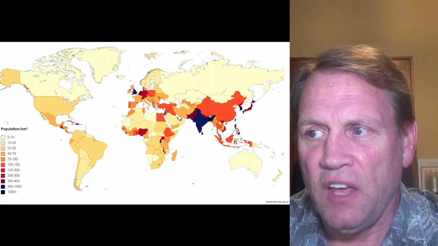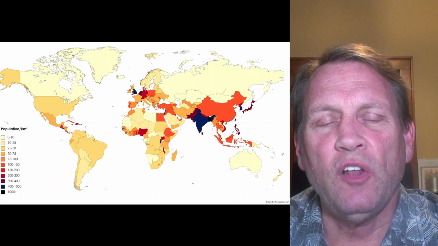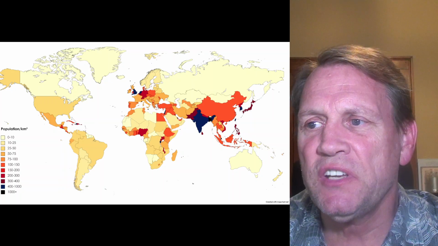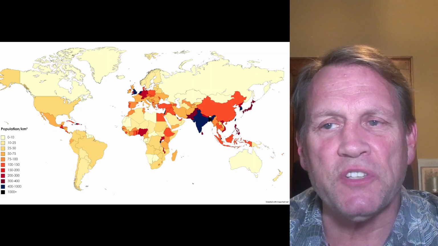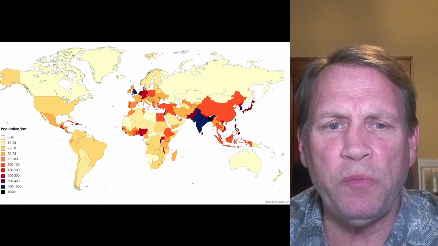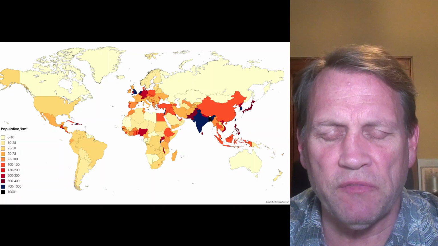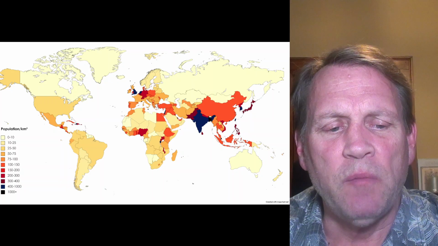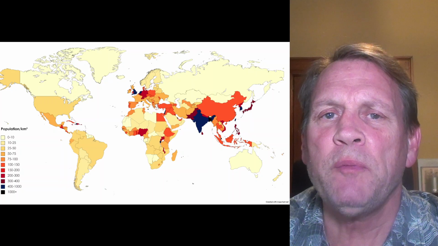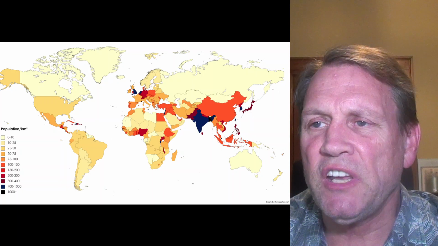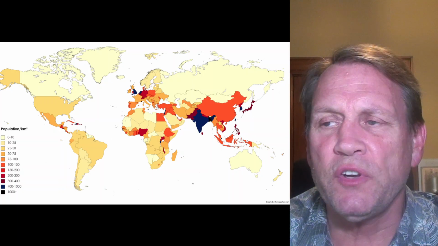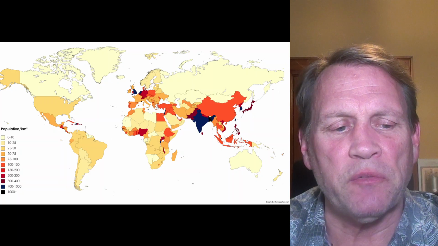And I've just put on the screen there a global map of the population of different countries and different territories measured specifically by their population densities. I hope you can see that reasonably well, regardless of the device that you're using. But we typically measure population density in terms of the number of people on average living in each square kilometer or square mile of the country or territory that we're speaking about.